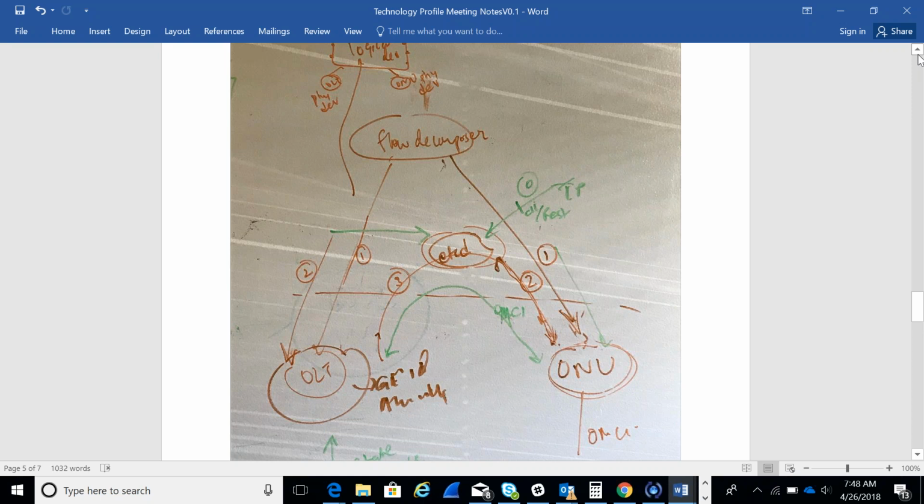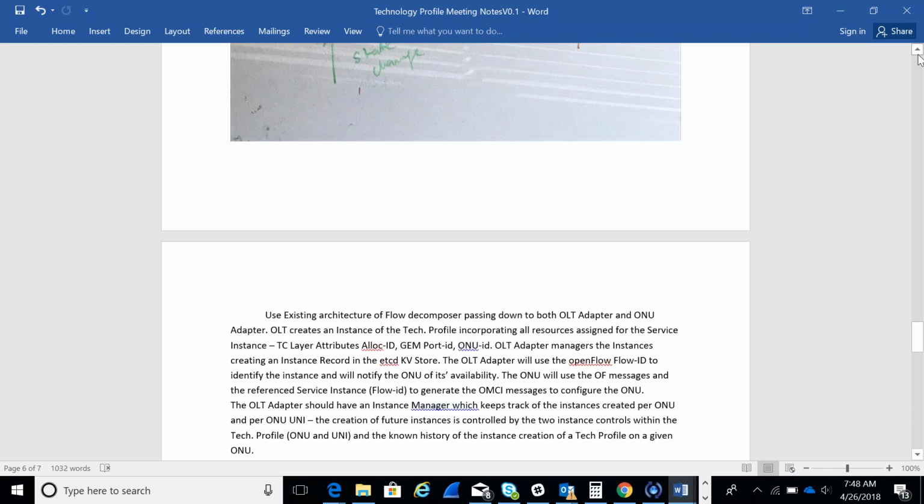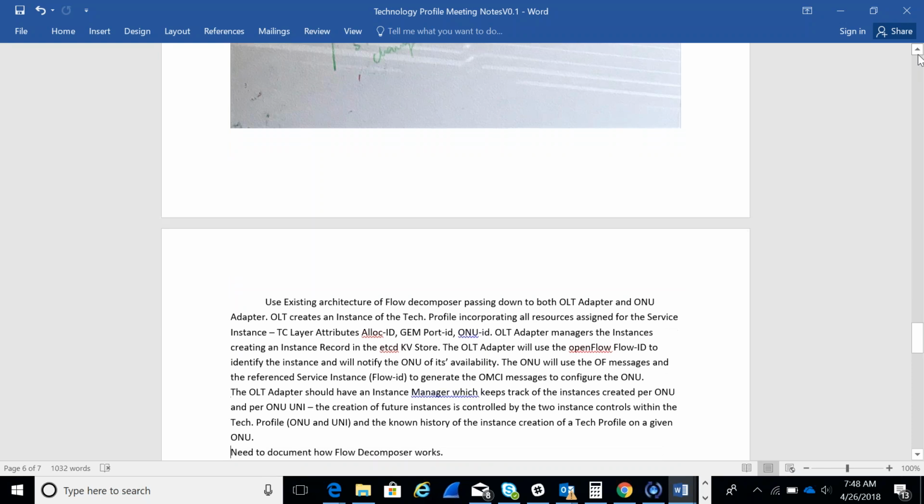And then once the ONU receives both the flow information and an indication that the instance exists within the database, it can go get the instance information and use that information to create the OMCI messages to program the ONU. And so this paragraph basically talks about that.